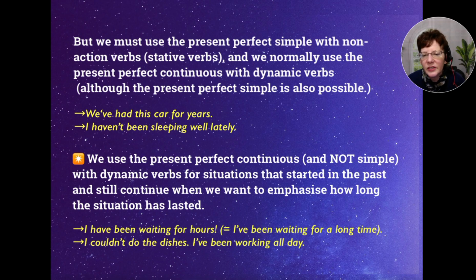It's an action verb, or dynamic. All right, so we use the present perfect continuous and not the simple with dynamic verbs for situations that started in the past and still continue when we want to emphasize how long the situation has lasted.